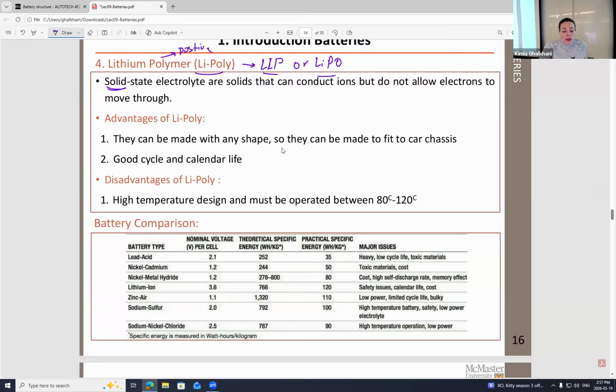And they are going to have the dry solid for the negative. That's the structure of this type of battery. So soft polymer for the positive, and they are going to have dry, solid material for the negative.